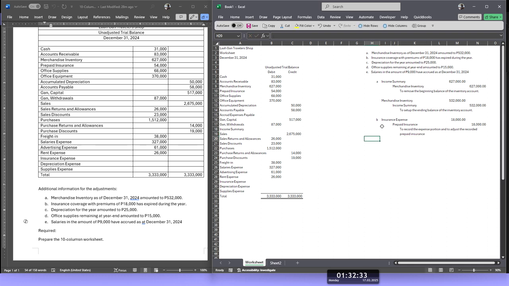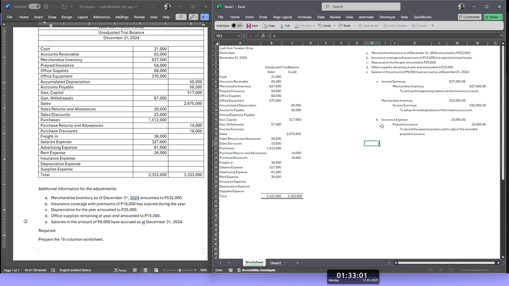Okay, and then the next information for adjustment is the depreciation. So depreciation here is the systematic allocation of the cost of the fixed assets into expense over its useful life. The depreciation amount is also given already in the additional information. So the adjusting entry is very straightforward.